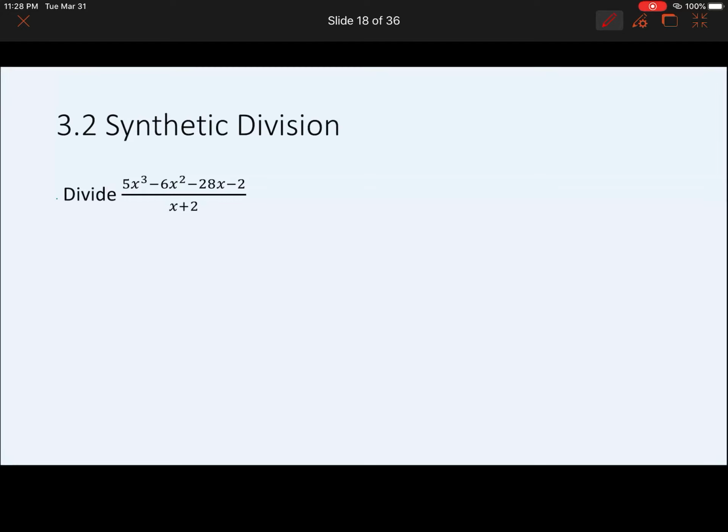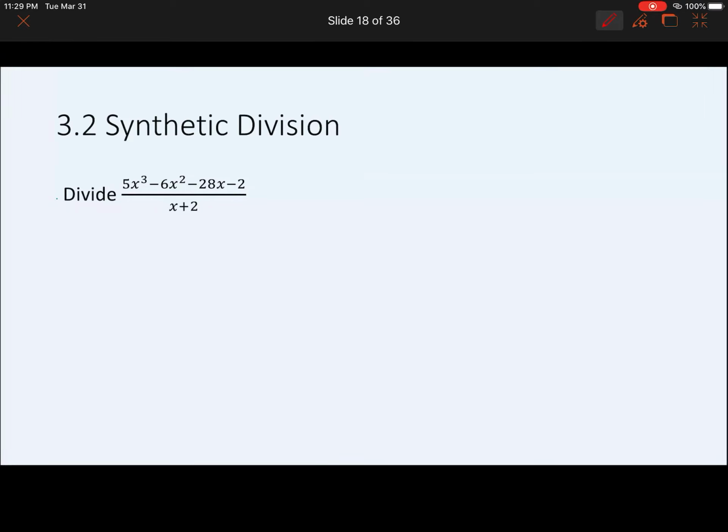It's just repeating that, until you get to the end. And when you get to the end, your last number is that remainder. Again, if you have any questions about that, please let me know.